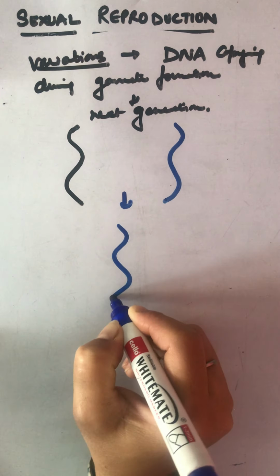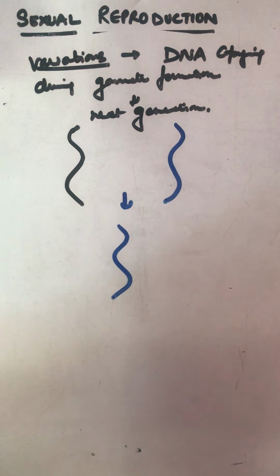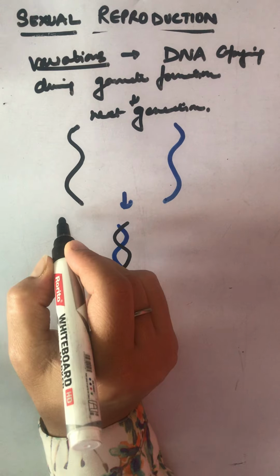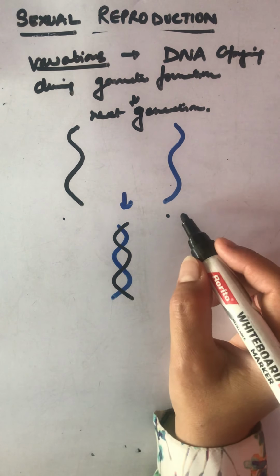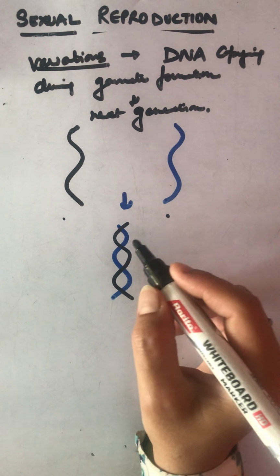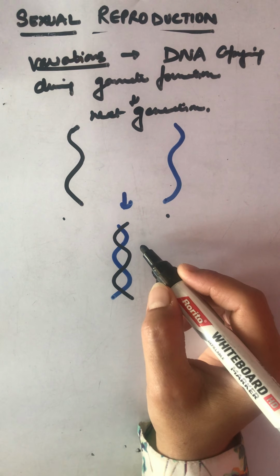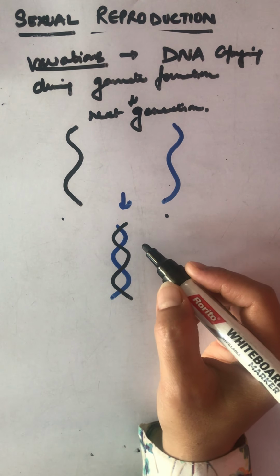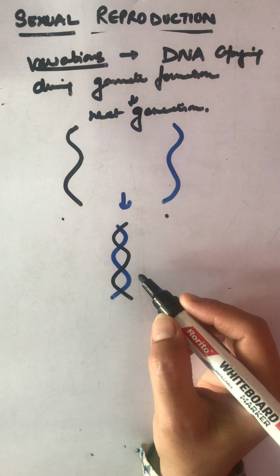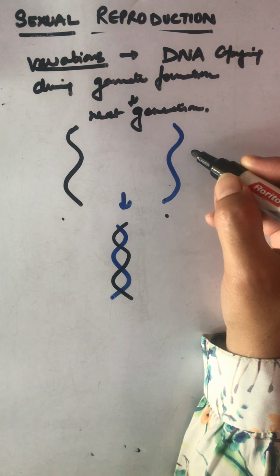A new combination trait is formed. Right? So, when the DNA of two different individuals comes together or copies, during that time DNA copying will help in the accumulation of variations from the previous generation.